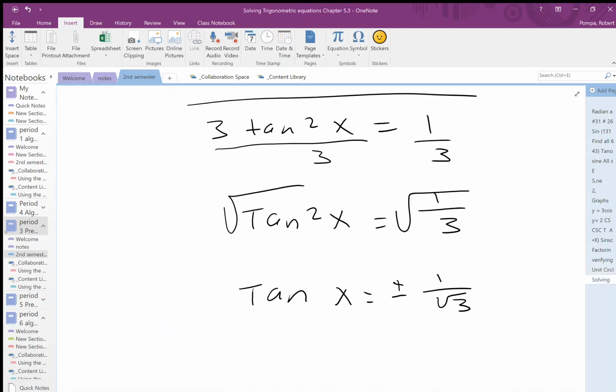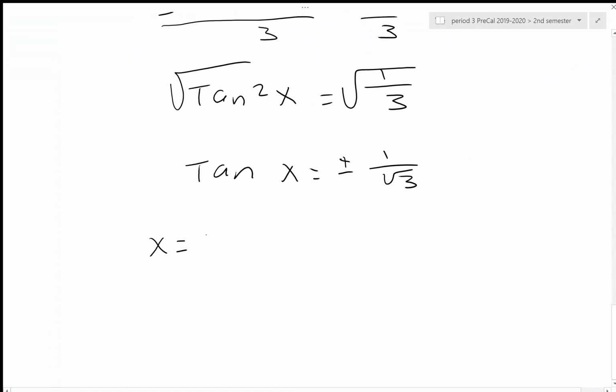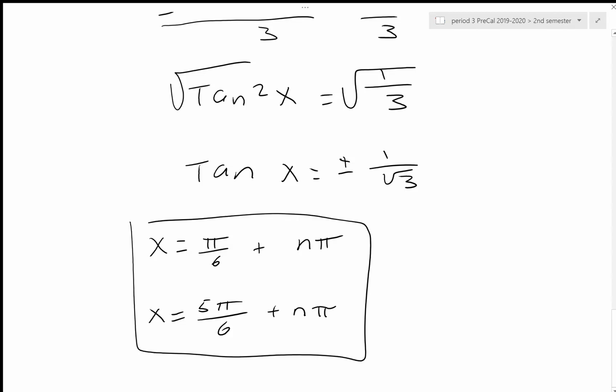So we go back to our answers. X equals pi over 6. X equals 5 pi over 6. Now I told you the period for tangent was pi. So for this one, we're just going to put n pi. That's our answer.